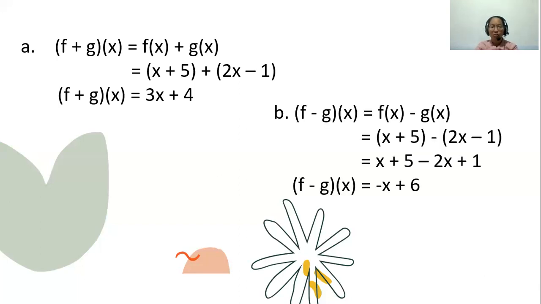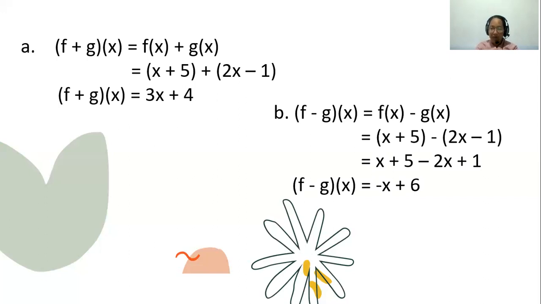Next, to find the difference between the two functions, we have (f - g)(x) is equal to f(x) - g(x). That is based on its definition. Then replace again f(x), which is x + 5, then minus the value of g(x), which is 2x - 1.